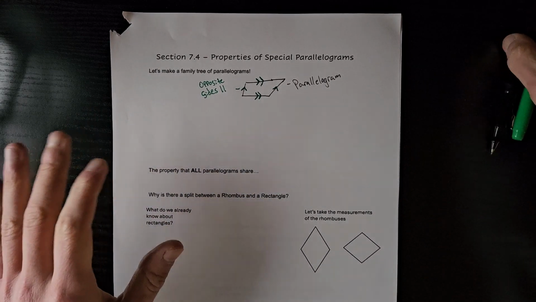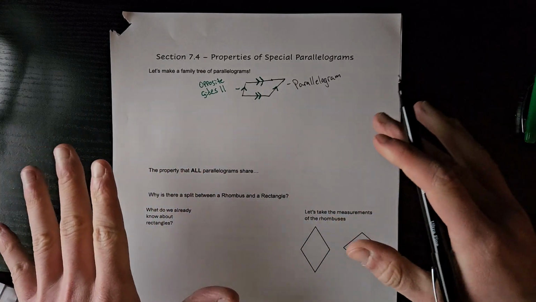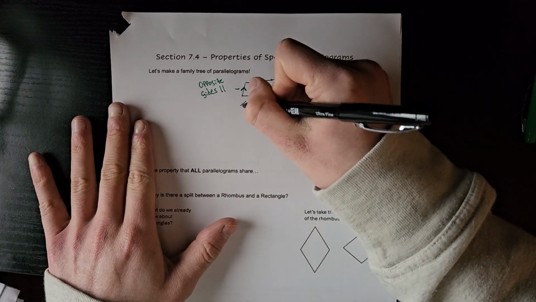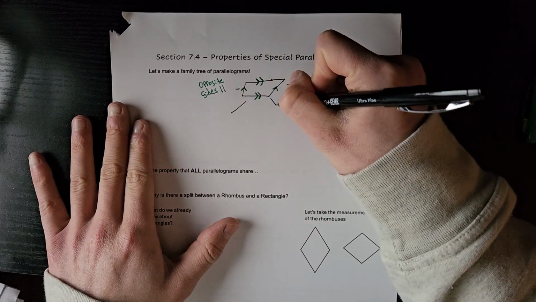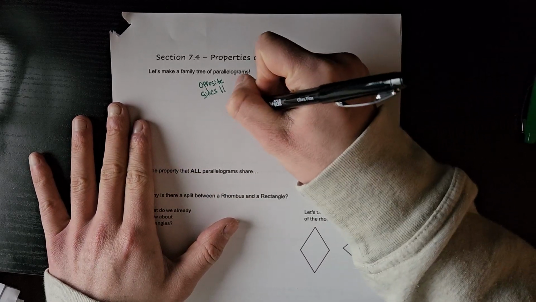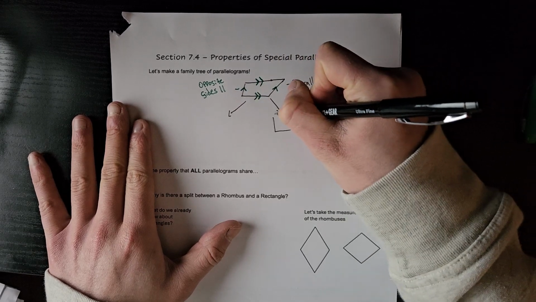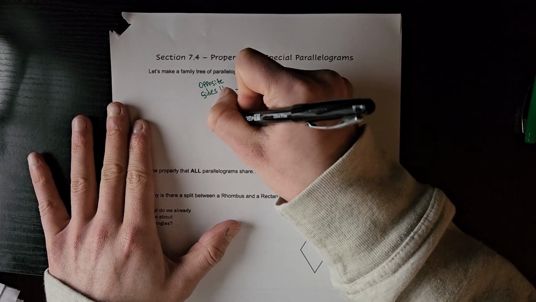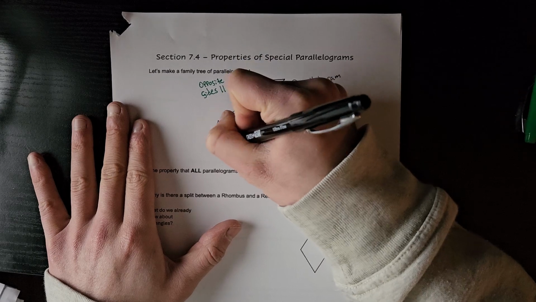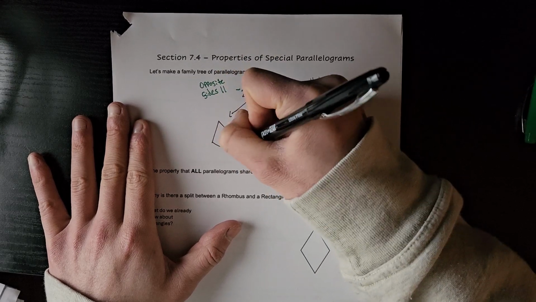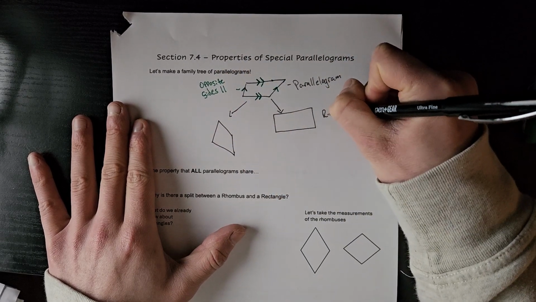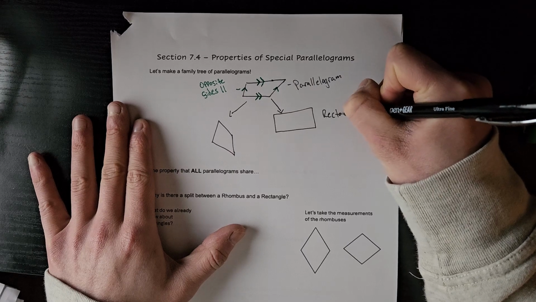And what I want to take from this, we're going to expand on this defining trait into two separate entities, one being rectangles and one being rhombuses. And we'll write rectangles and rhombuses.